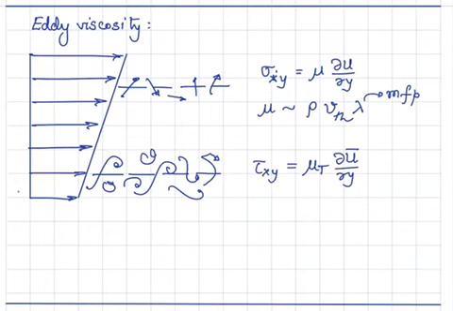So viscosity represents the effect of mixing, and it is proportional to rho, a characteristic velocity of the molecules, and a characteristic length scale, which is the mean free path for molecular motion.